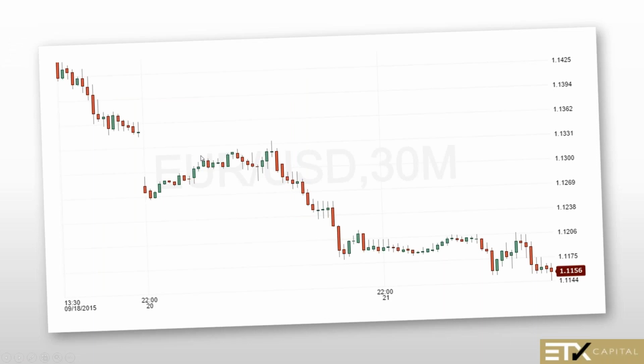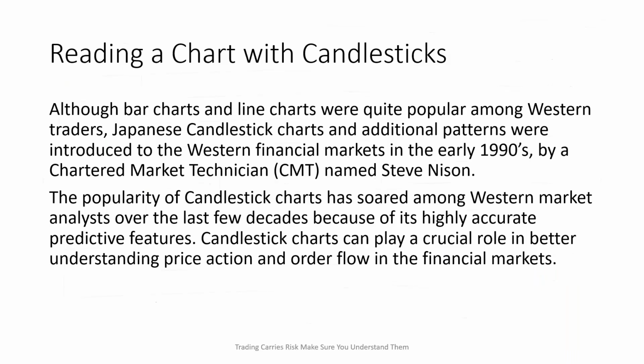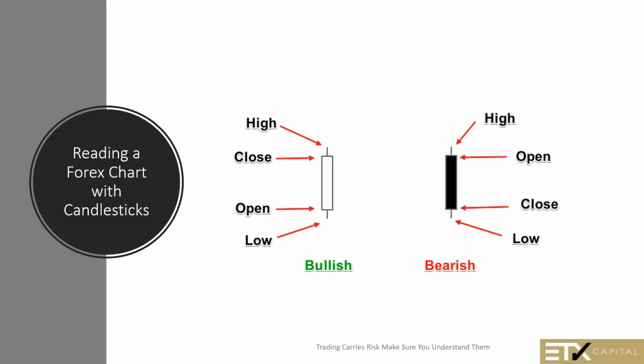A candlestick is very similar to a bar chart. It's based on the open, the high, the low, and the close, and it gives you the bullish and the bearish sentiment of that period. Now, each candlestick, instead of just drawing a bar across, at the open we draw a line across.